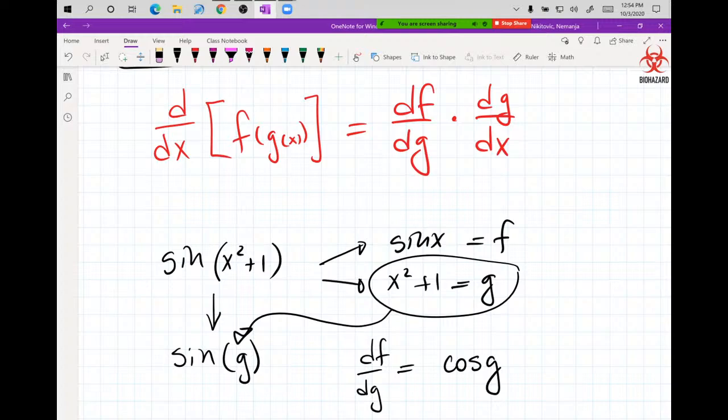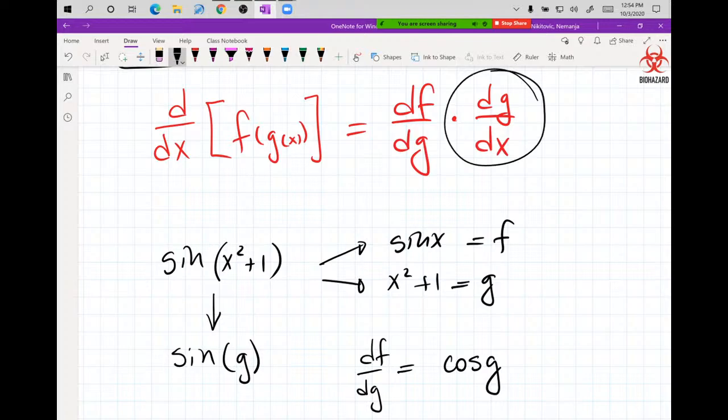And now your function is no longer in terms of x. Your function is now in terms of g. So the sine g is the new sine x, and the derivative of sine g has to be cosine g. And then you have this extra piece, which is called a chain. That's the chain part, which multiplies this with the derivative of g itself, which is 2x.